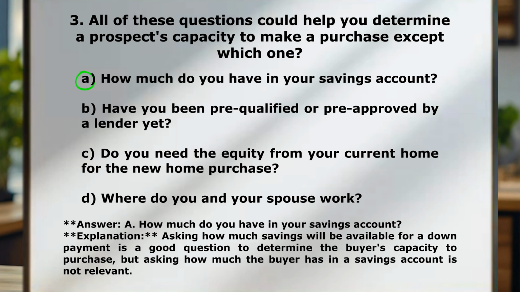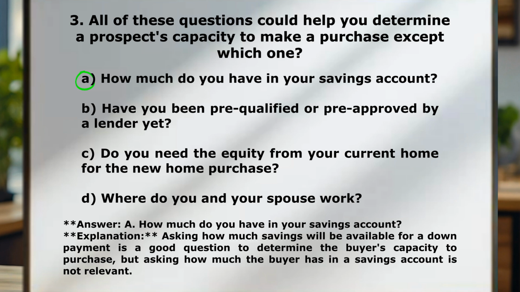And so, asking how much savings will be available for down payment is a really good question to determine the buyer's capacity to purchase. But asking how much the buyer has in a savings account isn't that relevant. And so I'm going to walk you through why. Someone might have a lot of money in their savings account, but all that money might not be available for their down payment and closing costs.